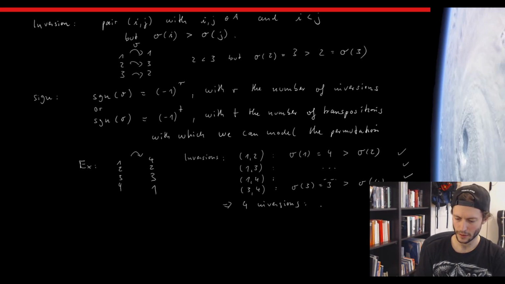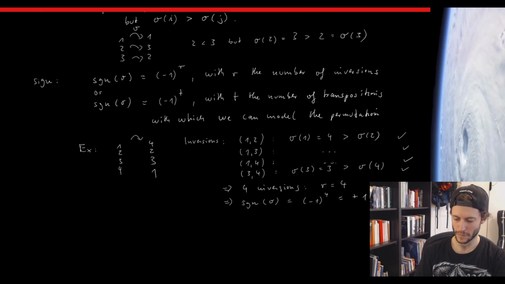So R, which was the counter of inversions, is 4. And therefore, the signum of this permutation sigma is -1 to the 4, which is plus 1. Easy peasy.